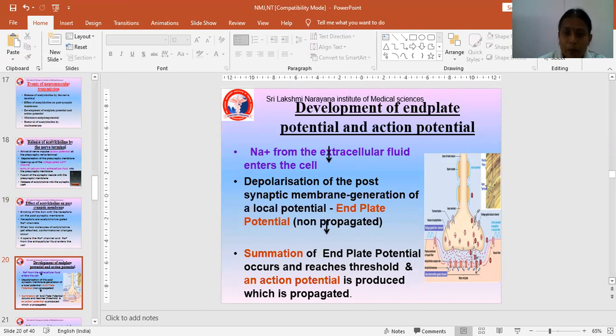This causes a slight depolarization of the postsynaptic membrane.